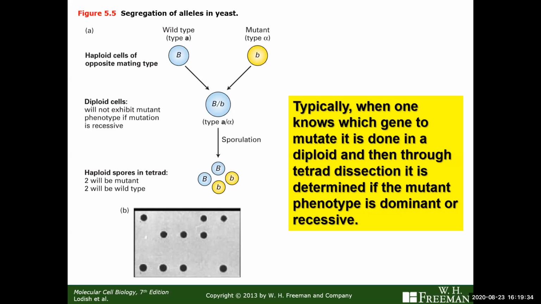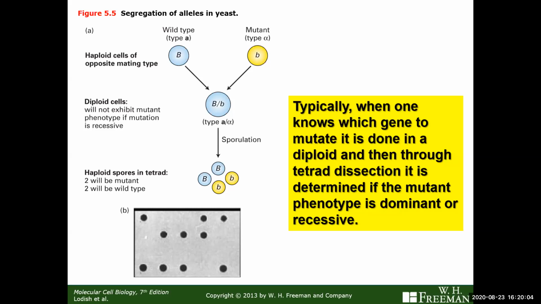Now, if you have any idea that the mutation may be lethal because the gene that you are trying to mutate is an essential gene, like say a gene involved in DNA synthesis or RNA synthesis, not the regulatory part, the actual synthesis part, RNA polymerase subunit or DNA polymerase subunit, or something like that, essential.